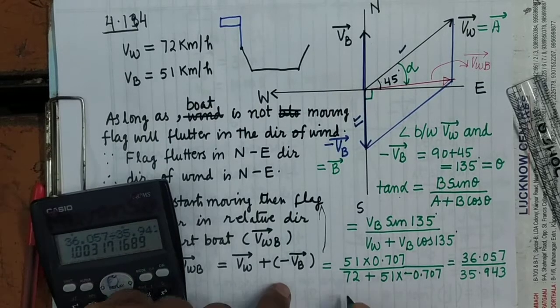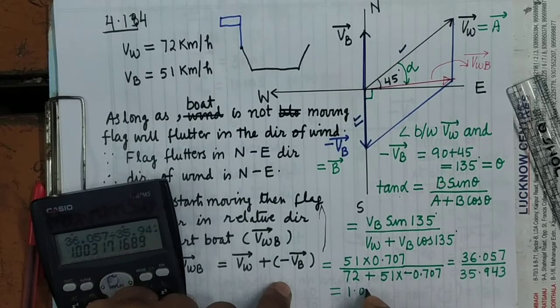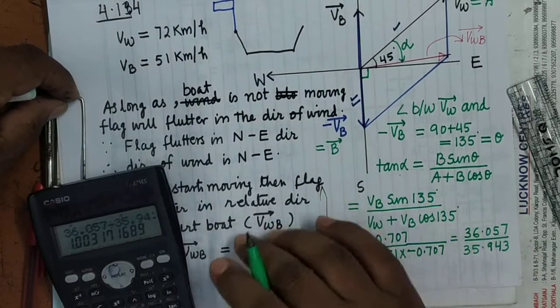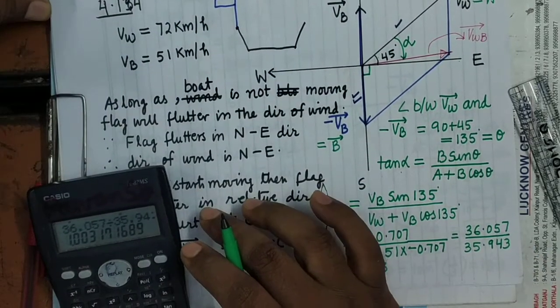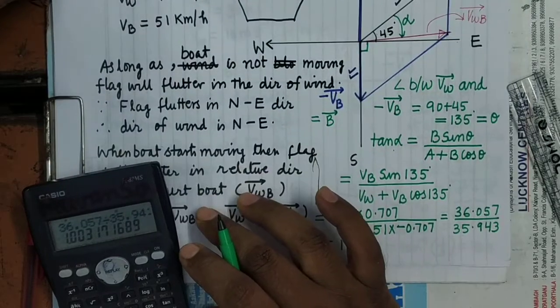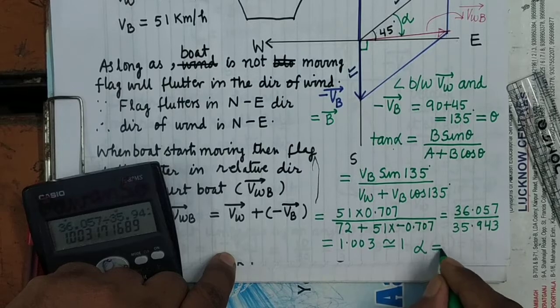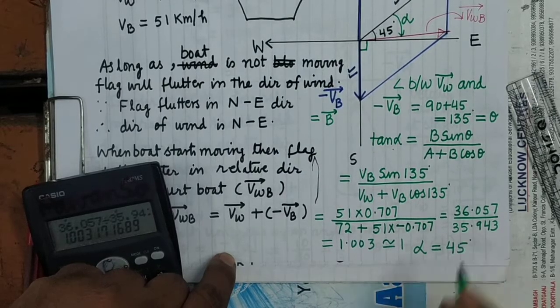This is 1.003. 1.003 you can take as 1. And when you will take it as 1, so what will be alpha? Alpha will be equal to 45 degree.